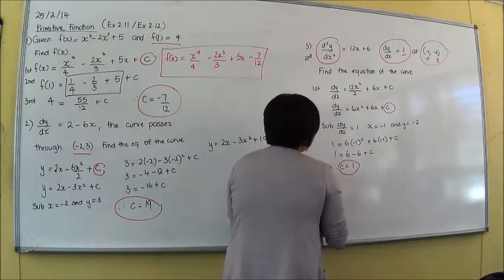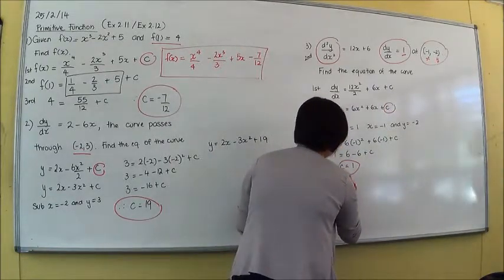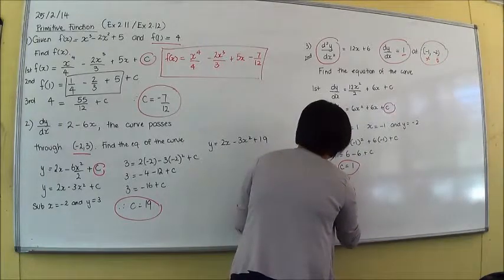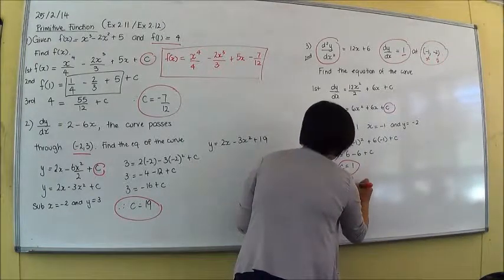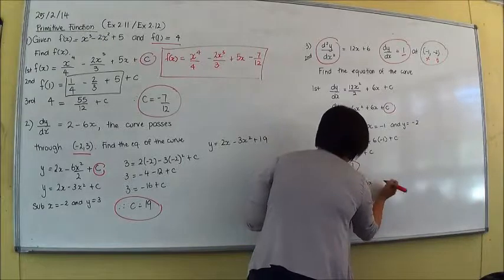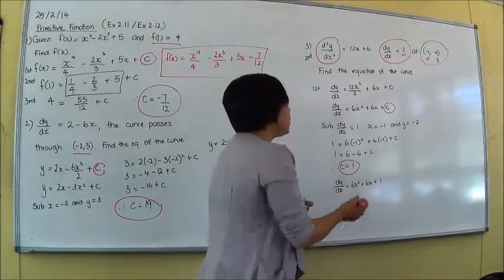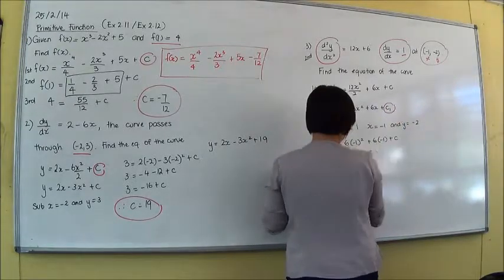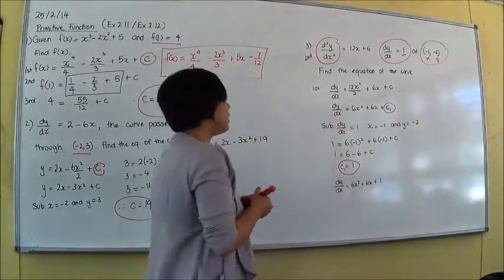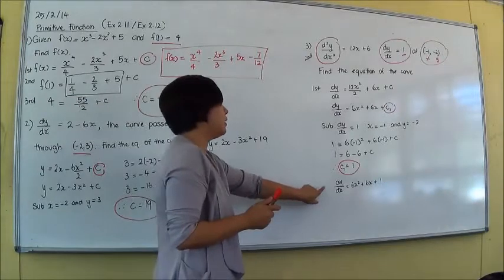But we're not finished just yet because we're only substituting this c to 1. So we go back to our first derivative, which was 6x squared plus 6x, and instead of c we call it 1. What we should have done was call this c1, because we're going to have to integrate again.